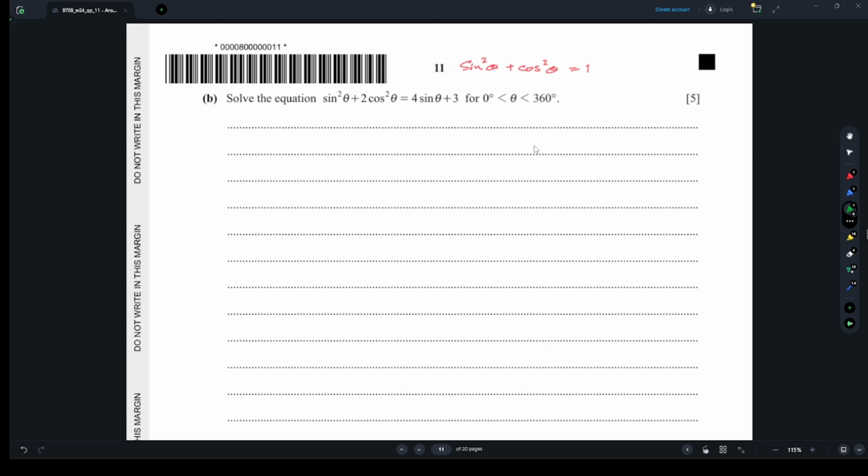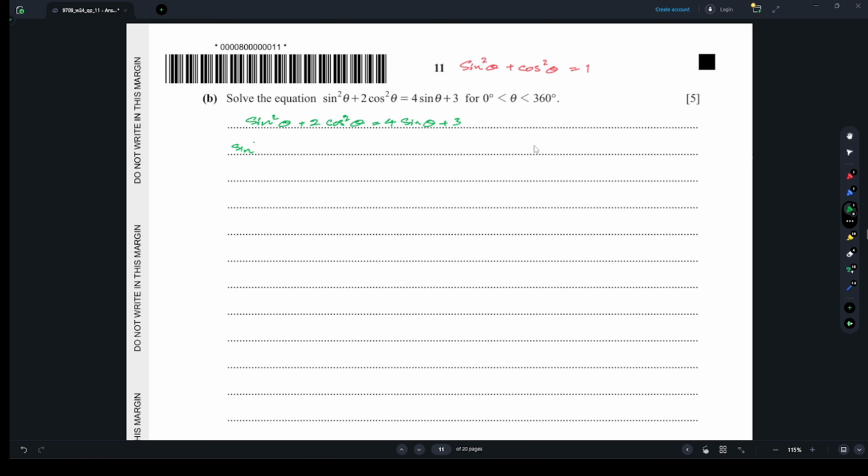So sine square theta plus 2 cos square theta equals 4 sine theta plus 3.